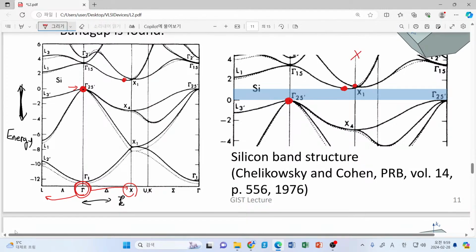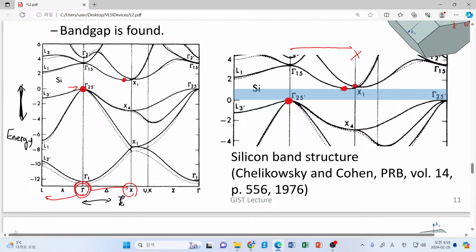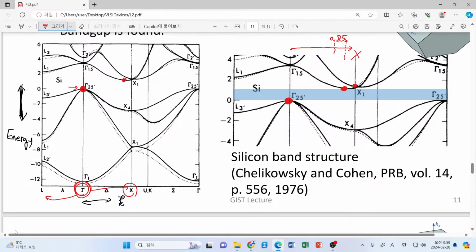Actually, it is known that, starting from gamma to X, the minimum energy occurs at just 85% of the journey starting from gamma.